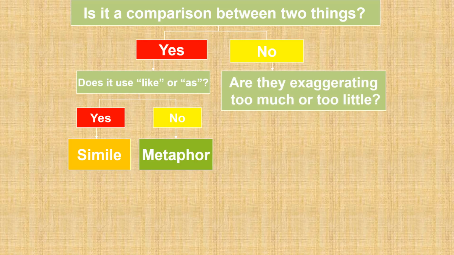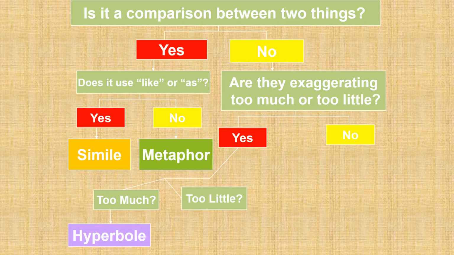Next one, exaggeration. Too much, too little. Which one is it? Too much will be the hyperbole, and too little will be an understatement. Do you remember hyperbole? I told you 1,000,000 times to remember. Too little: I was pleased when I saw my mom after 10 years.